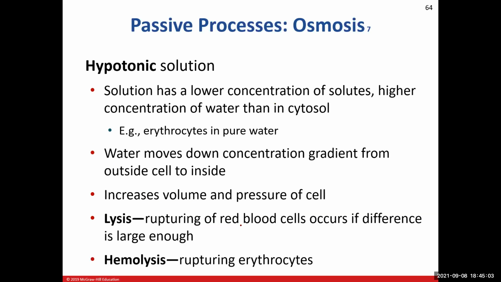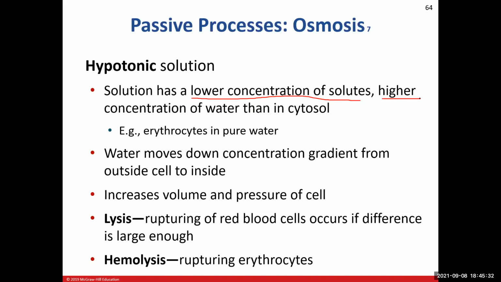The next type of solution is a hypotonic solution, which means the solution that we're going to drop our cell into has a lower concentration of solutes. That means it has a higher concentration of water compared to the cytosol. So there's more water outside the cell than inside the cell.